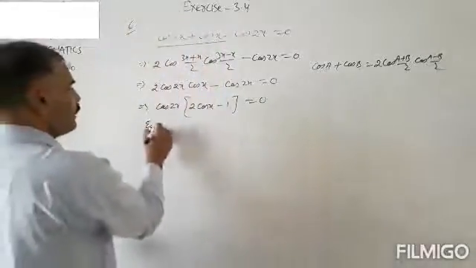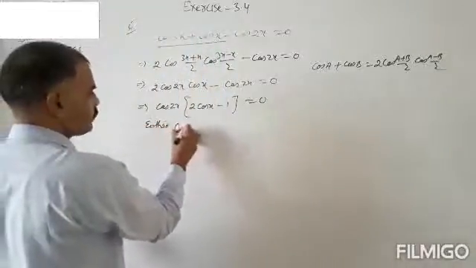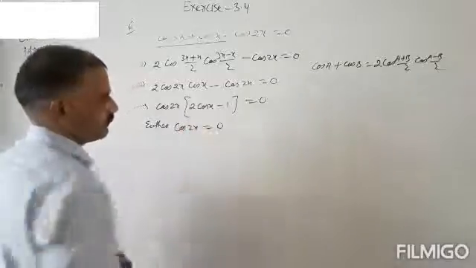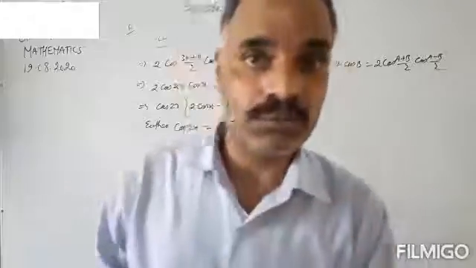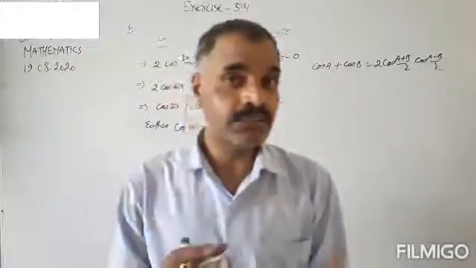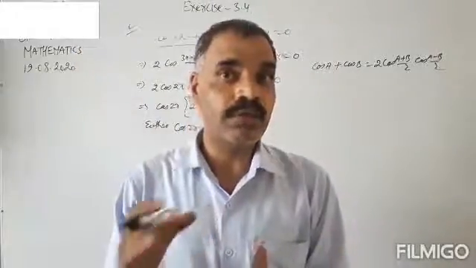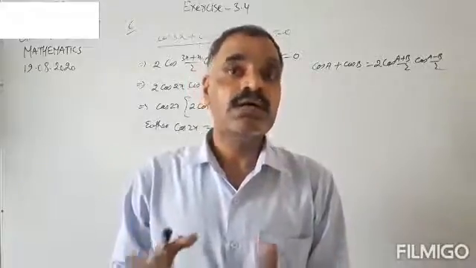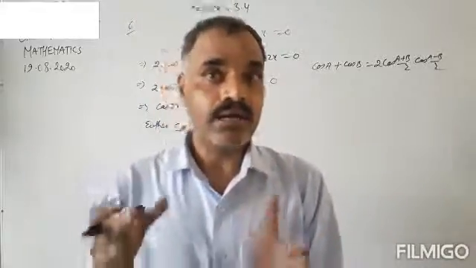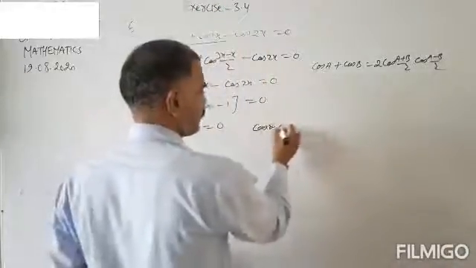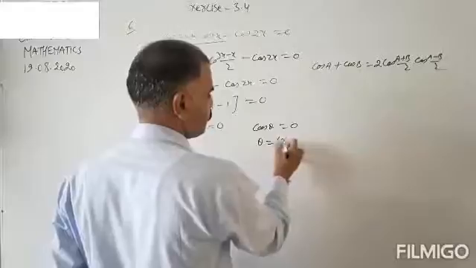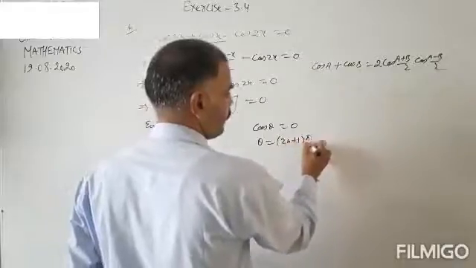So either cos 2x equals 0. Now cos theta equals 0 at the odd multiples of pi by 2, which means cos theta equals 0 if theta equals (2n plus 1) pi by 2.